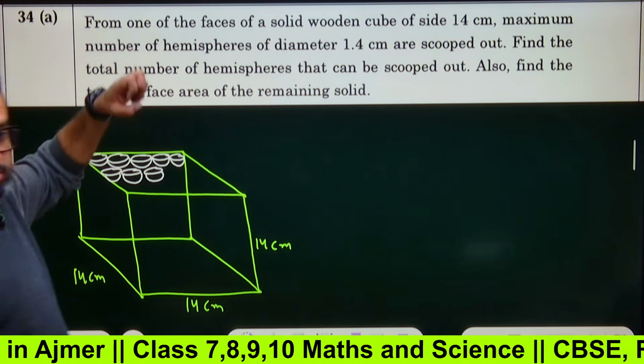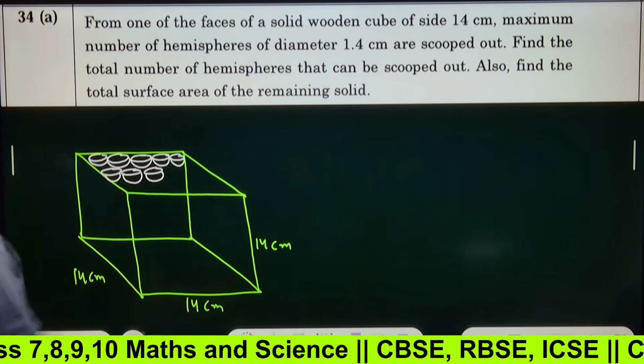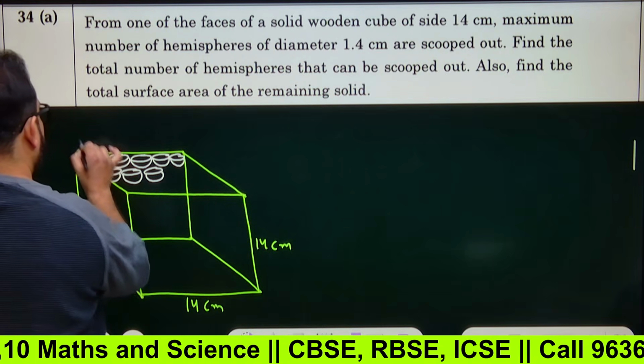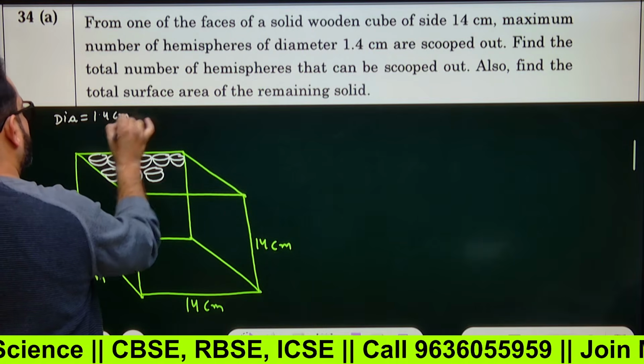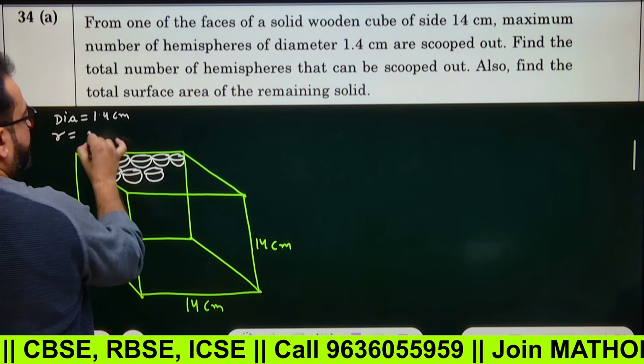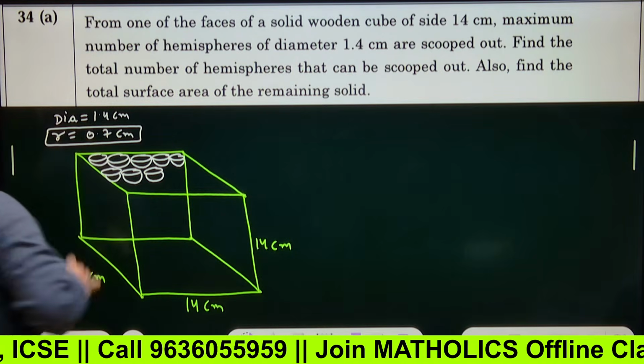These are scooped out. This portion is taken out. For this hemisphere, diameter equals 1.4, so radius will be 1.4 by 2, that means 0.7 centimeter. This you all must note in boxes.